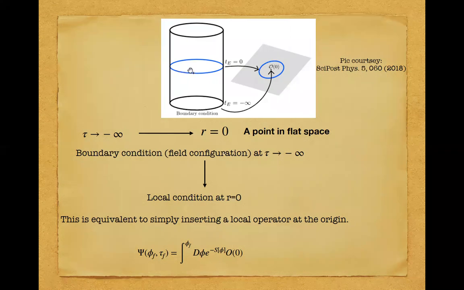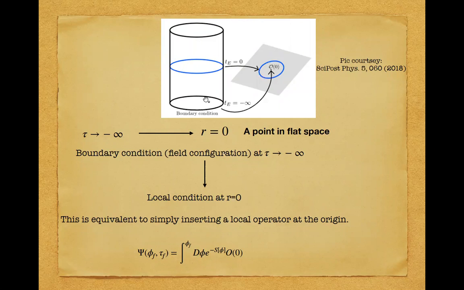So basically, initially you have a state here, which is at tau equal to 0. Now you want to send tau goes to minus infinity. That basically maps to r equal to 0, right?